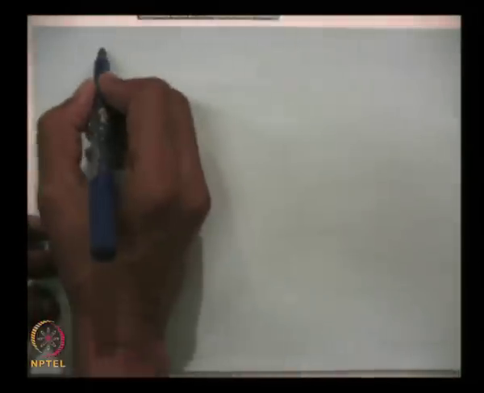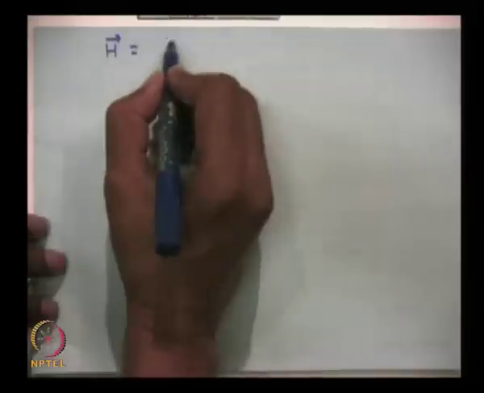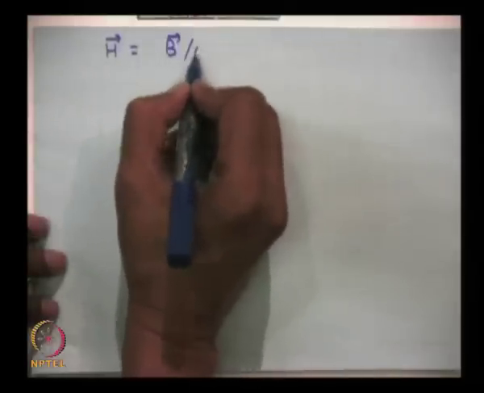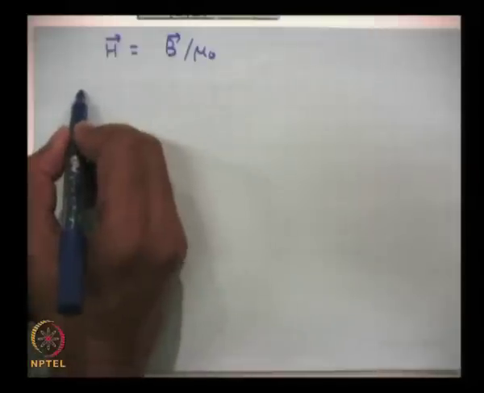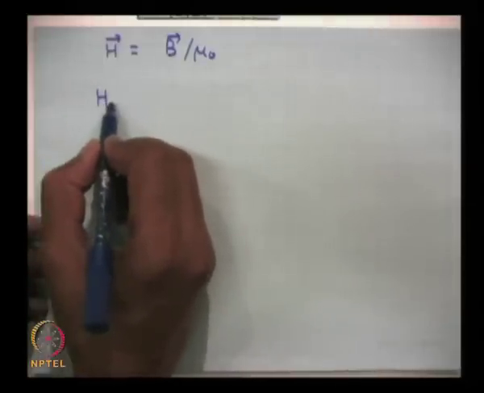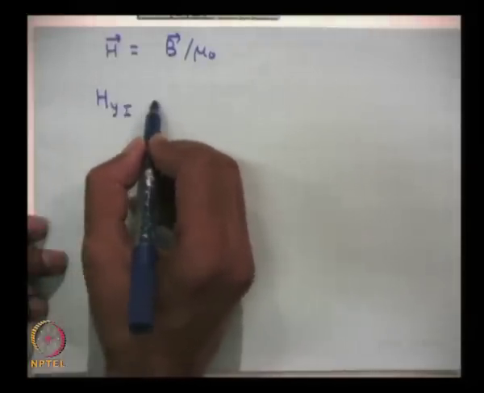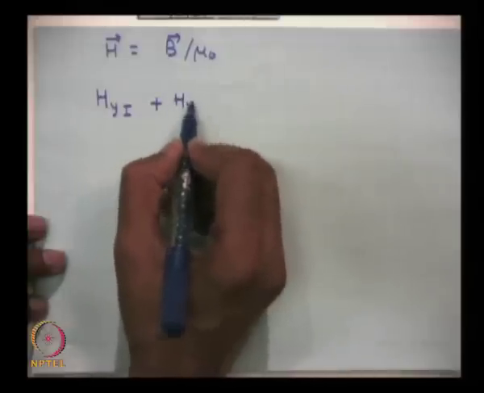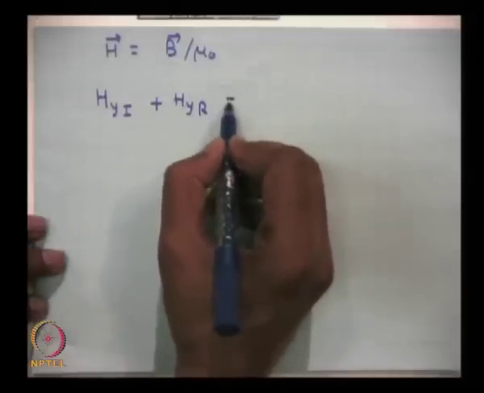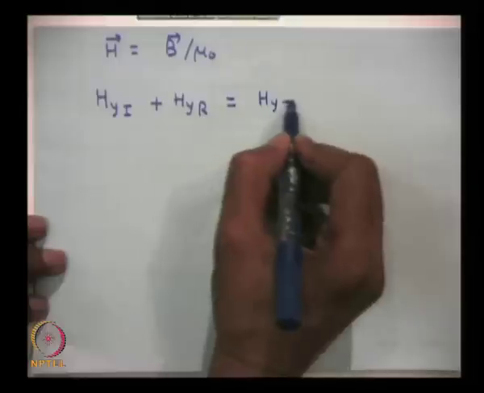From there, you can write down the H, which is equal to B upon mu 0, and the continuity condition is that Hy due to the incident wave plus Hy due to the reflected wave should be Hy due to the transmitted wave.